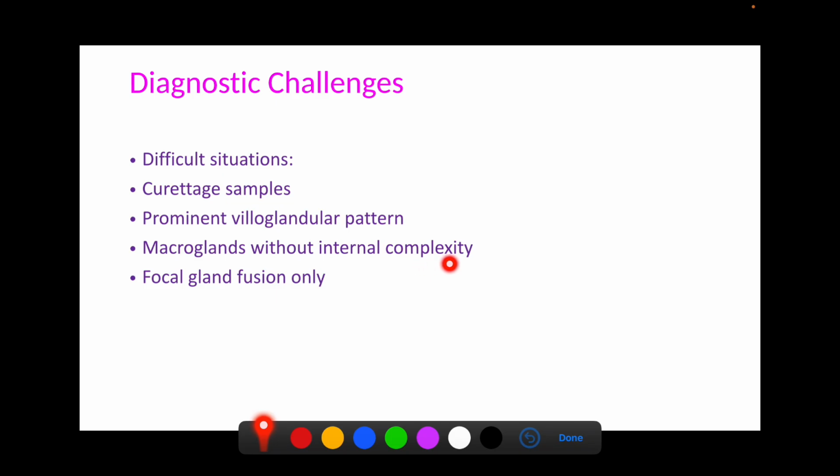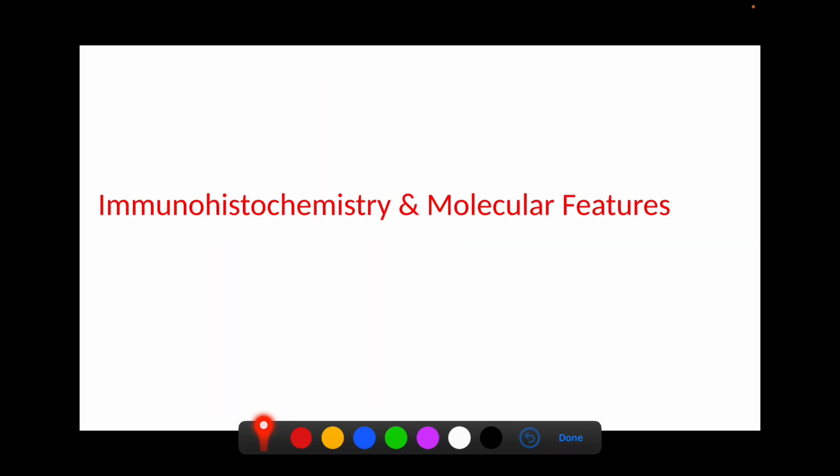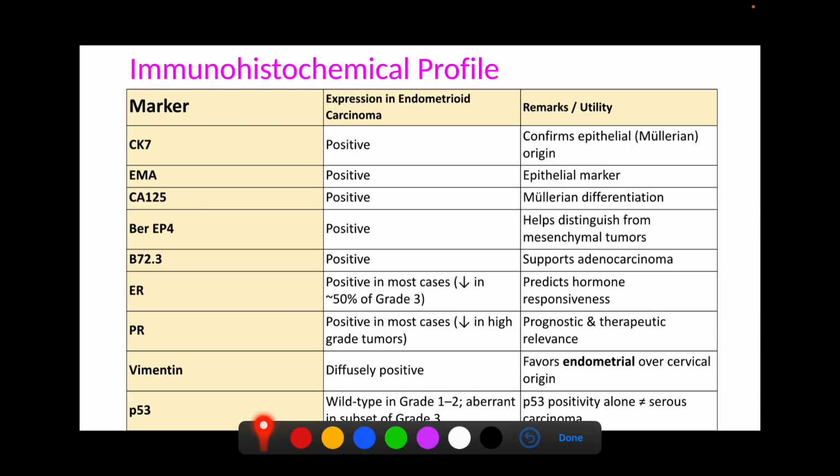Macroglands without internal complexity may sometimes lead to underdiagnosis, and focal gland fusion, if present, also leads to underdiagnosis. At that time we have to go for immunohistochemistry and molecular features.